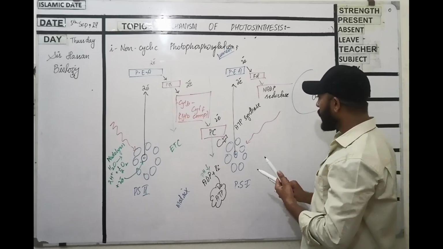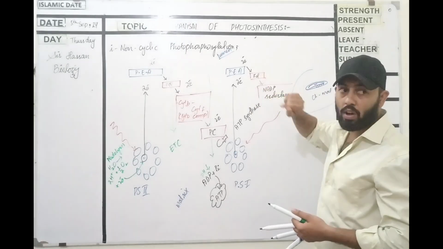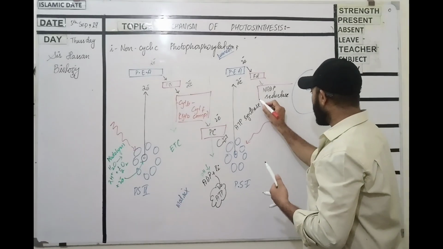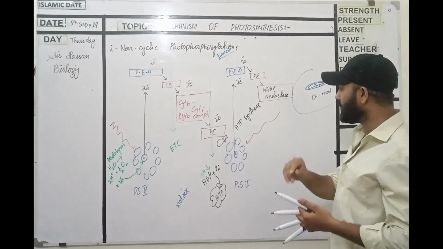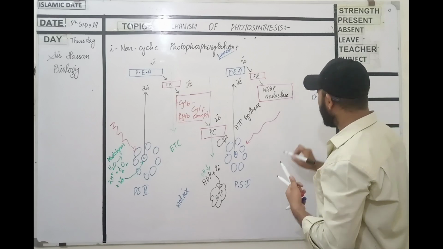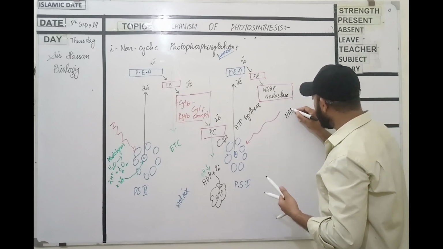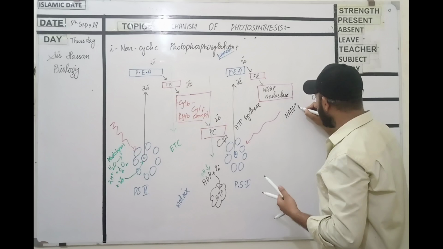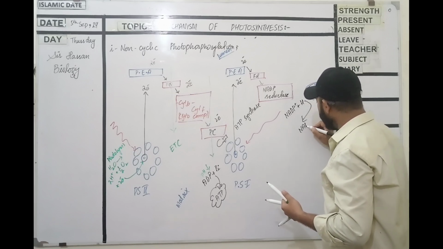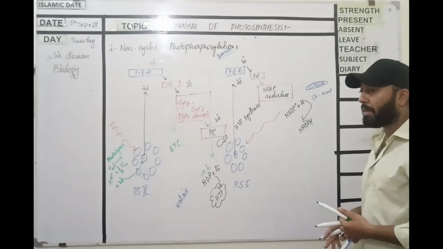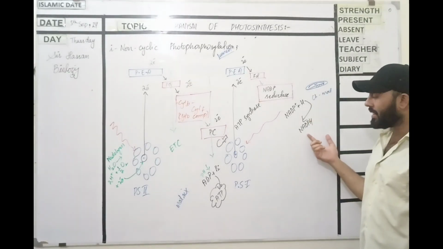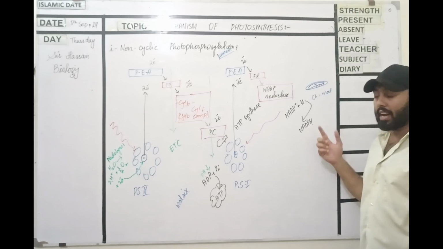NADP reductase is going to receive two electrons from ferredoxin, and the function of this enzyme is conversion of NADP into NADPH by the addition of hydrogen. Nicotinamide adenine dinucleotide phosphate hydrate.